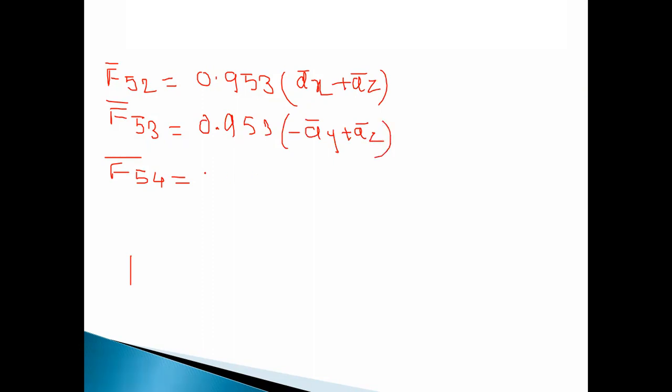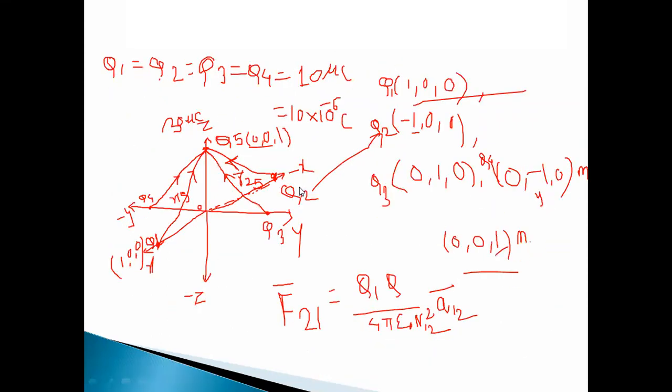And F bar 54 is equal to 0.953 into bracket, minus a bar y. Minus times minus will be plus, na.